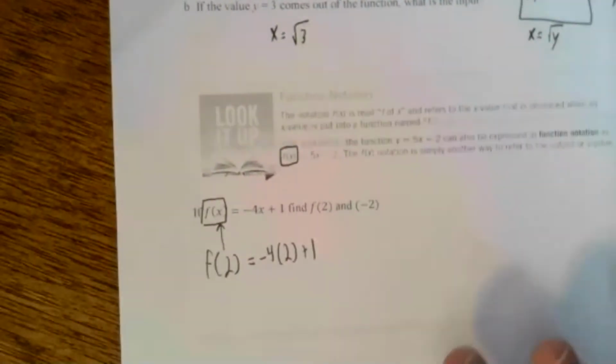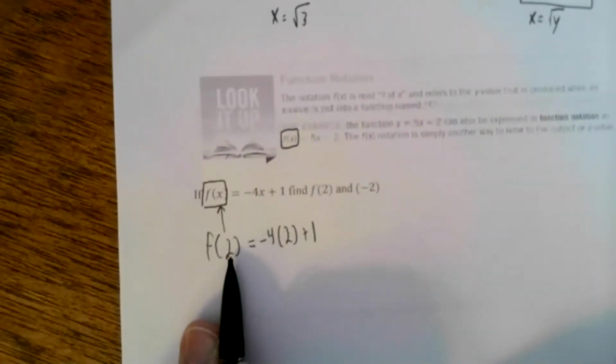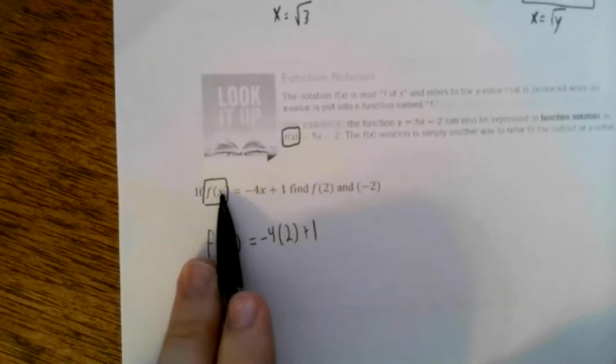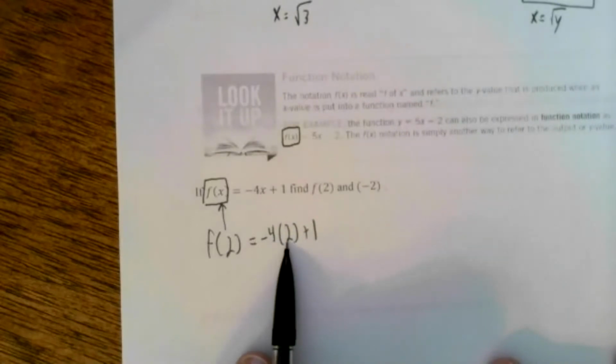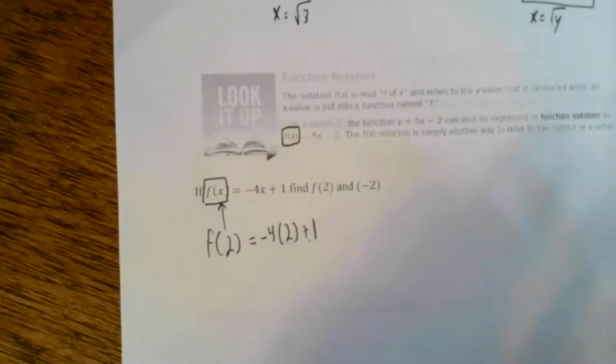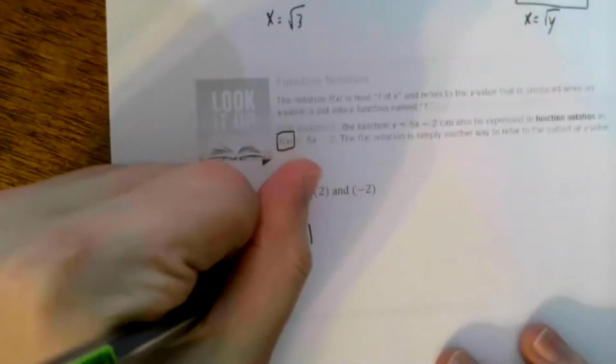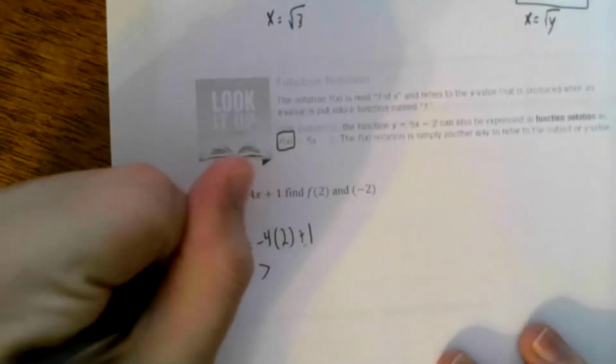So f of 2 is equal to -4 multiplied by 2 plus 1. All we're doing is substituting in whatever value we see there for the variable x. Then we just solve that. -4 times 2 is -8, plus 1 is -7. So our f of 2 is -7.